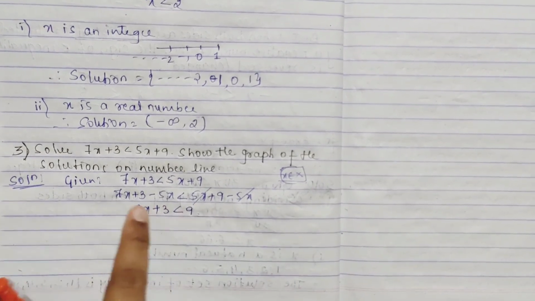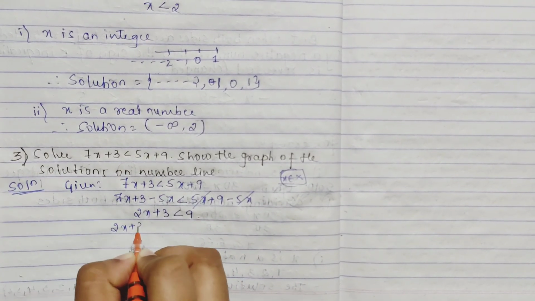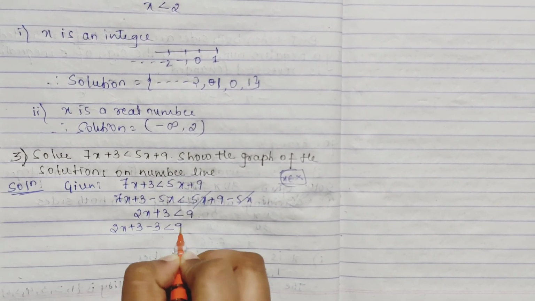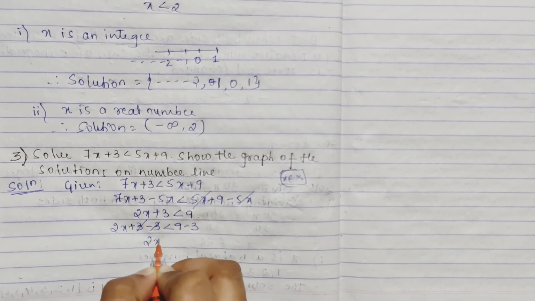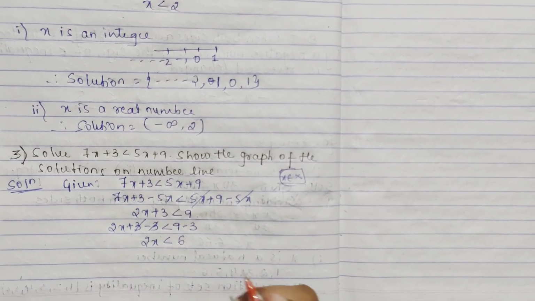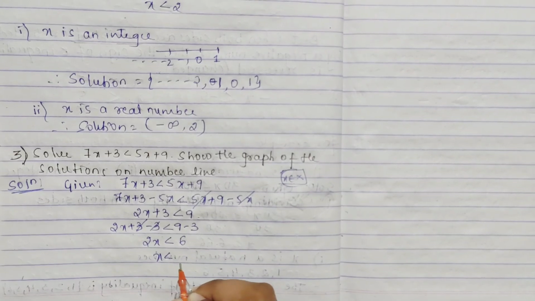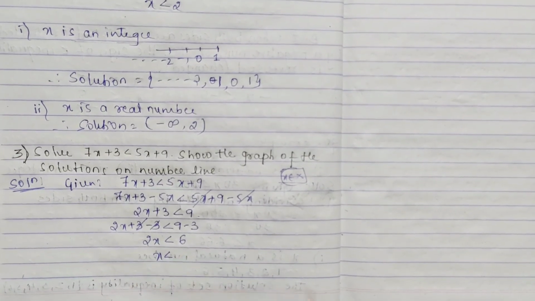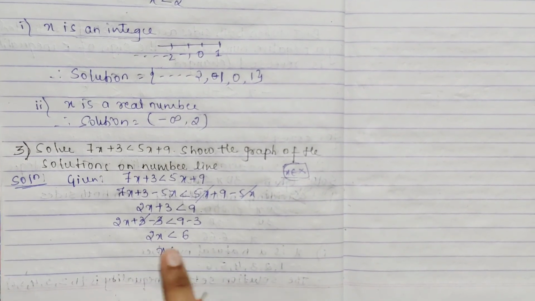So again subtracting 3 from both sides: 2x plus 3 minus 3 less than 9 minus 3. Plus 3 minus 3 get cancelled, so you have 2x less than 9 minus 3, which is 6, right? So x is 6 by 2, when 2 goes here it means dividing 2 on both sides.